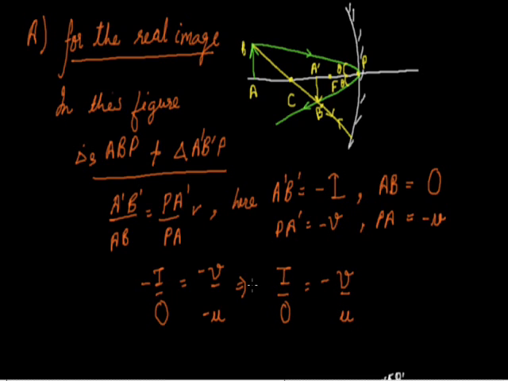As we have defined the magnification as the ratio of the height of the image to the height of the object, here we get the relationship for magnification in terms of the distances of the object and image from the pole, and it is m is equal to negative of v by u.